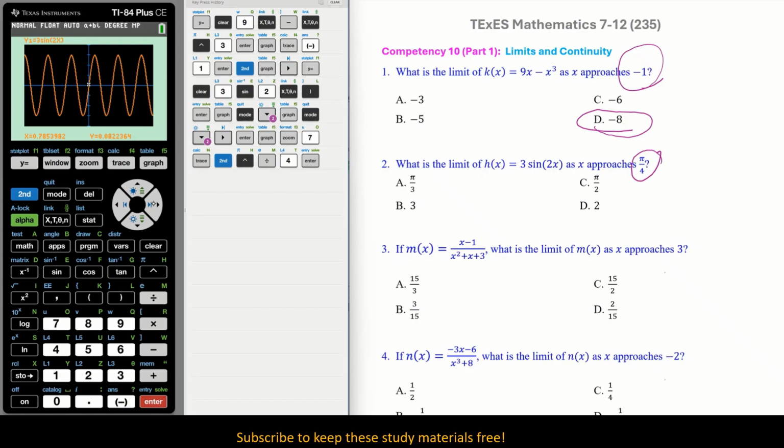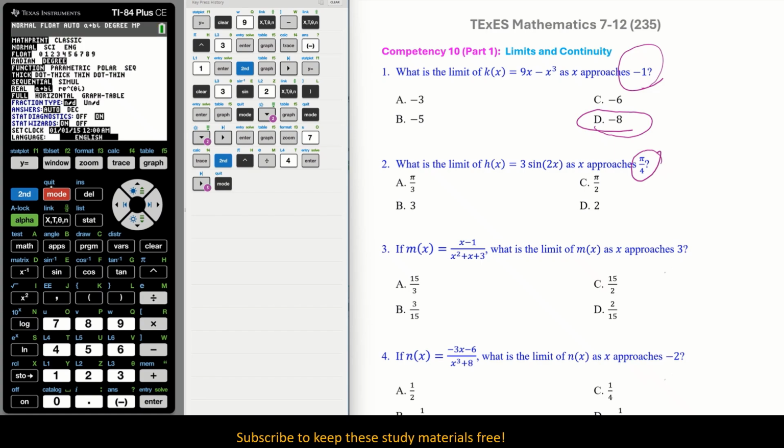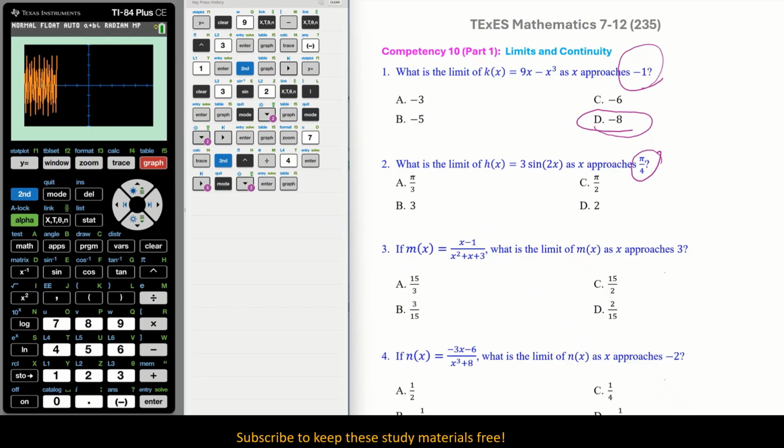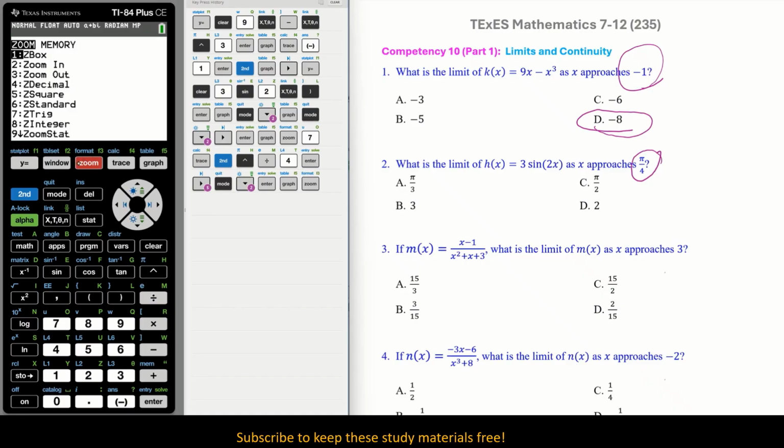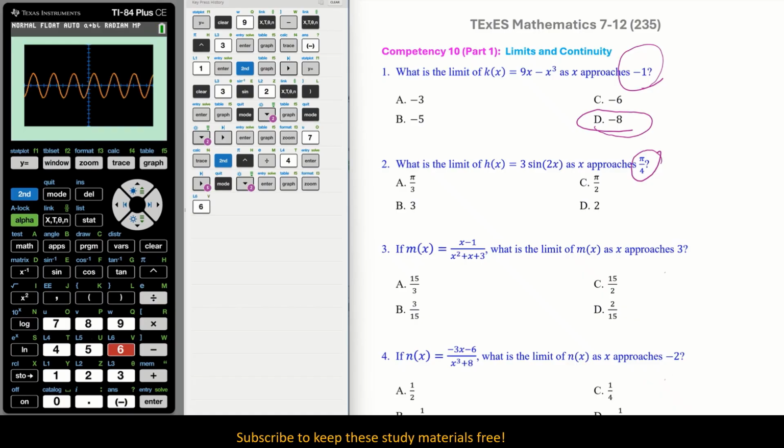Nope. So this one doesn't always work like that. As we go up and we get closer and closer, let's change our mode. I'm not liking the way that looks. Let's go back to our radian. If things don't work, let's graph. Oh my goodness, we need zoom 6. There we go. It was on zoom 7.